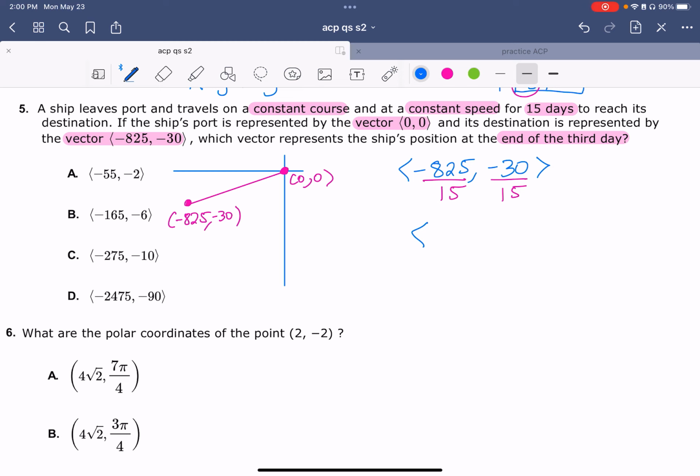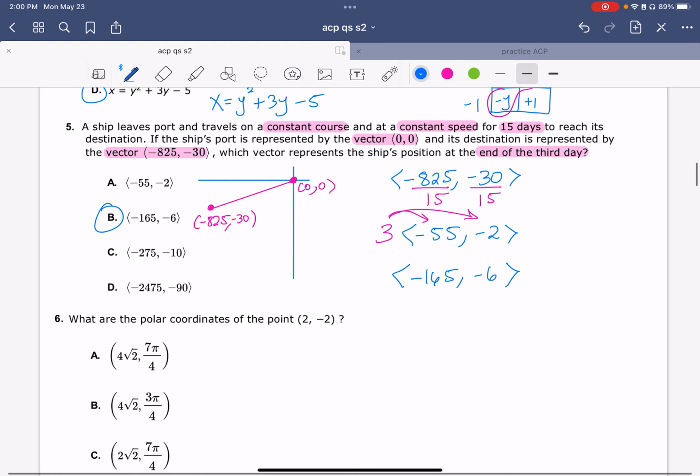That vector is (-55, -2). But that's every single day, and we want the end of the third day. So you have to multiply that by 3, distributing it into everything in the vector. 3 times -55 is -165. 3 times -2 is -6. So the final answer would be B, as in boy.